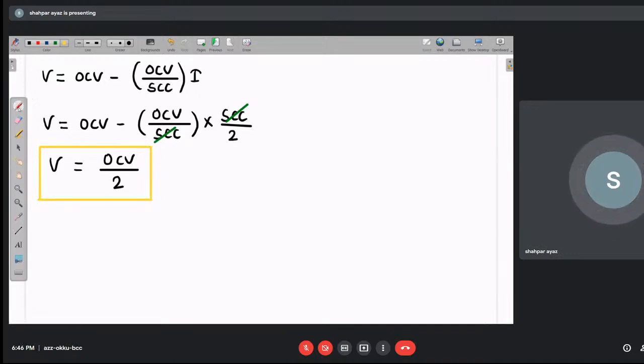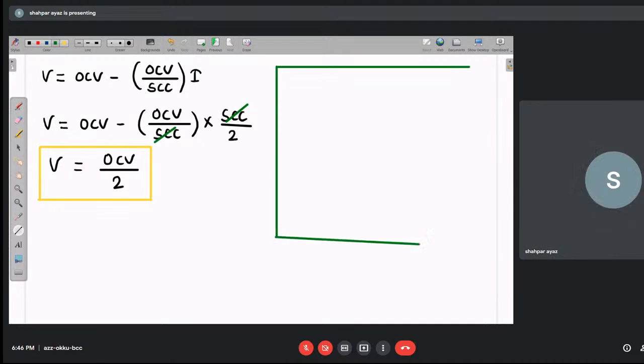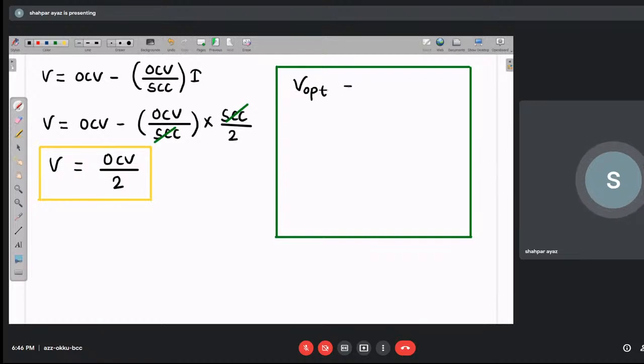Guys, I'm giving you a note, a very important note for the maximum power condition. Remember that for maximum power output, V optimum is the optimum voltage, that is OCV by 2.